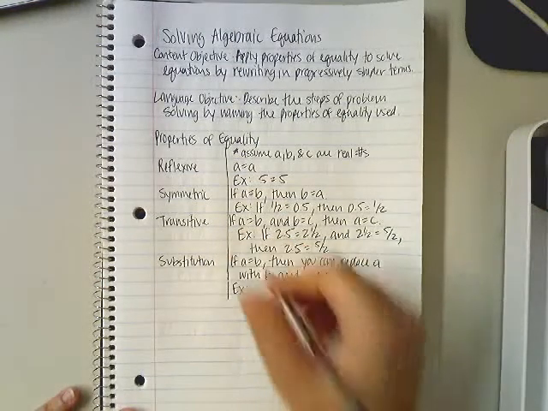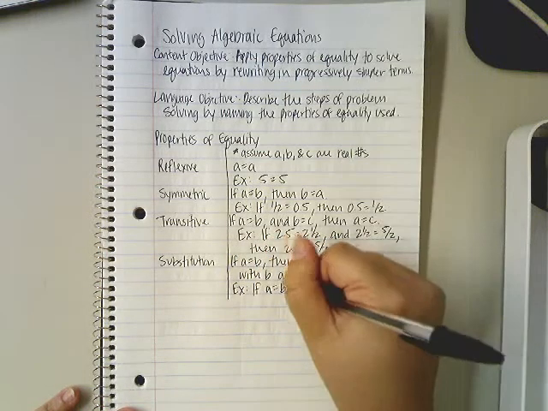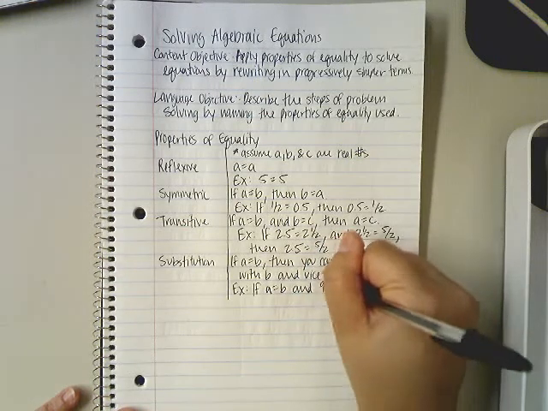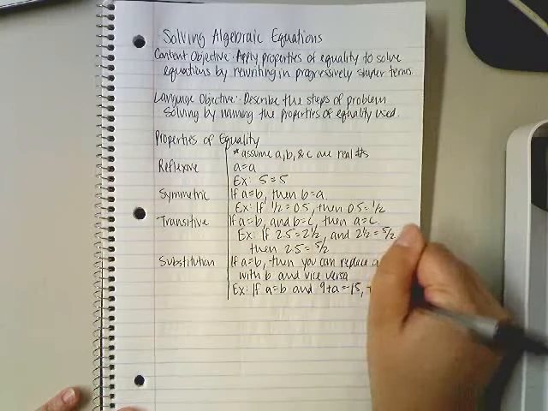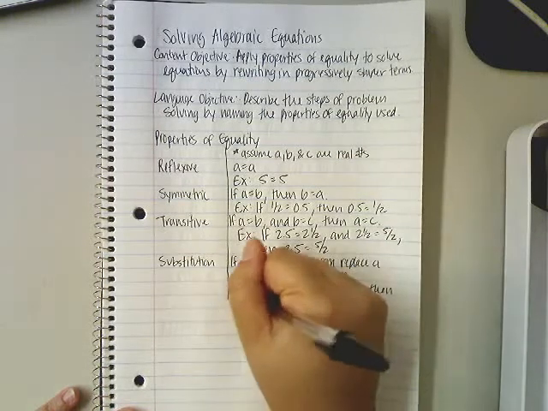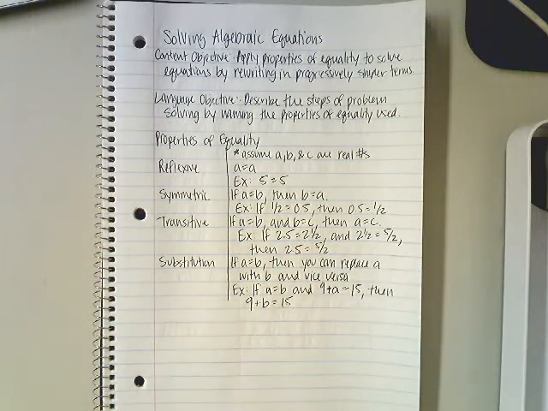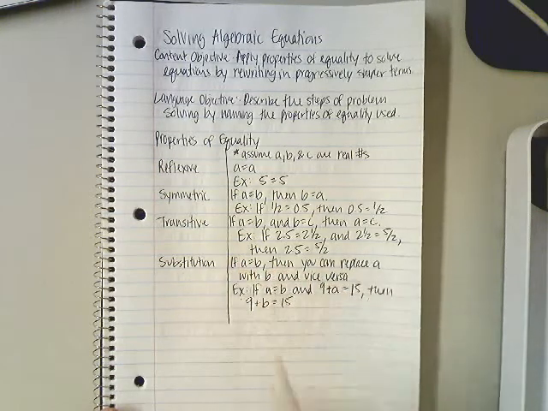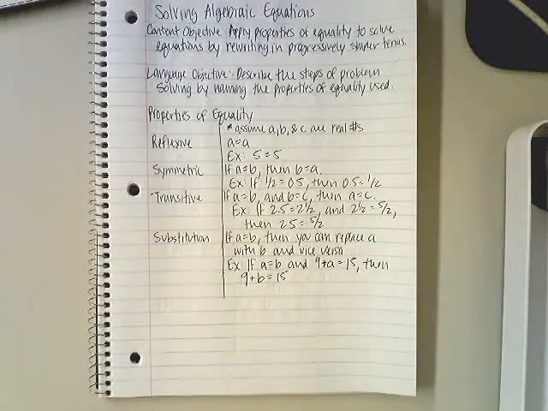So for example, if A is equal to B, and 9 plus A is equal to 15, then similarly, 9 plus B would also be equal to 15, because I can substitute B for A here, and it should be the same equation since A and B are equal.